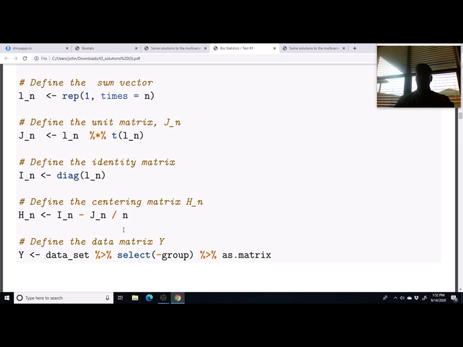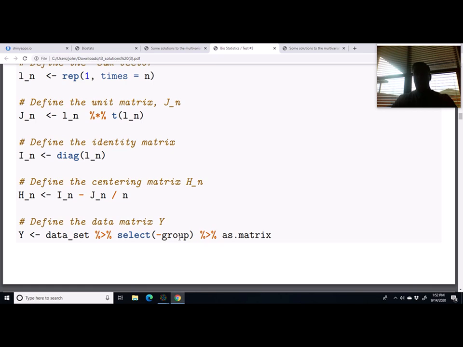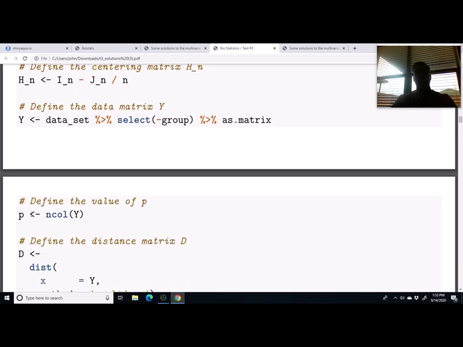All of those could be put together as columns of a tibble. But in a matrix, all the elements have to be of the same type. And so here, I'm taking away the group variable because that's a factor variable, and then I'm turning this into a matrix. So Y will be my data set, and P, the number of variables, will be the number of columns of Y. We'll need that later.